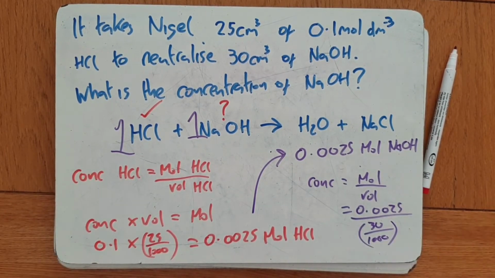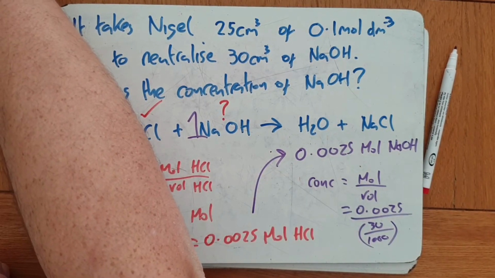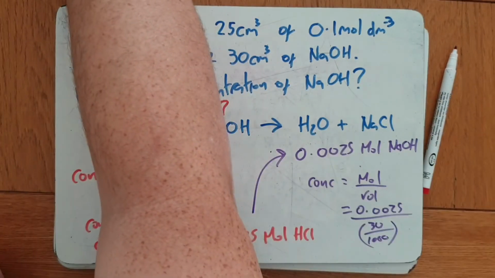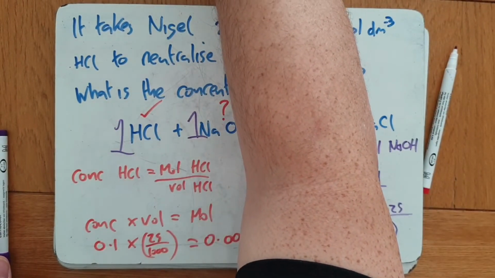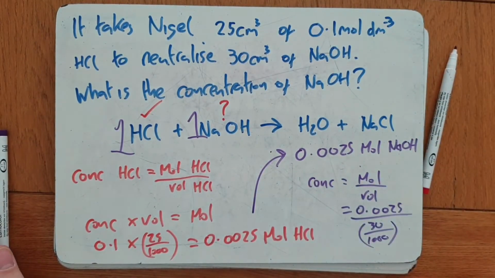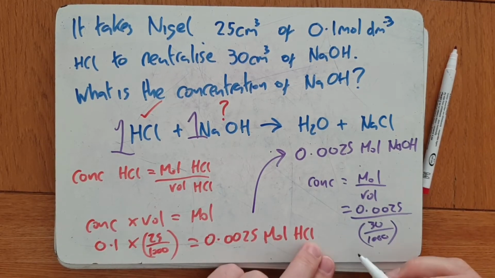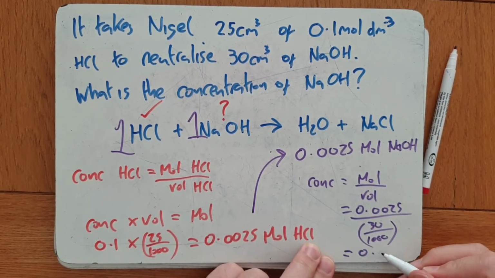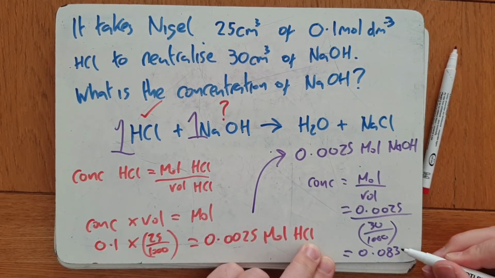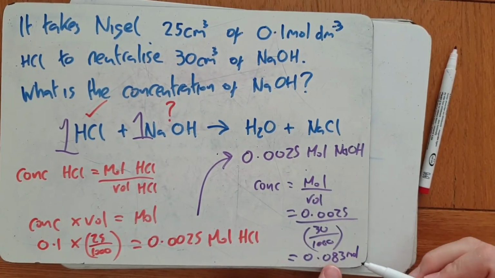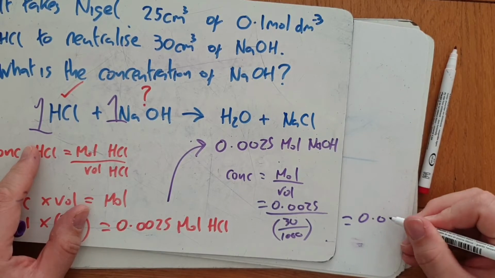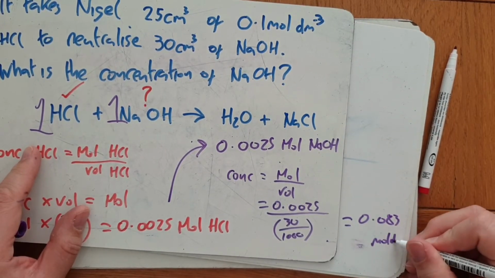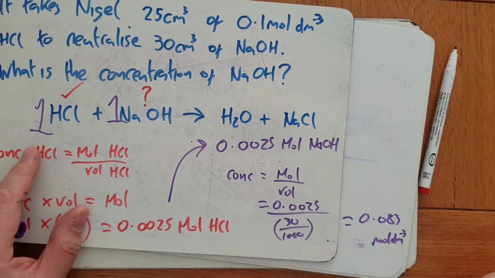So we do that divided by that, and our answer is 0.083 moles, and I've run out of space. Let's do it on a separate page here. Right, 0.083 moles per decimeter cubed.